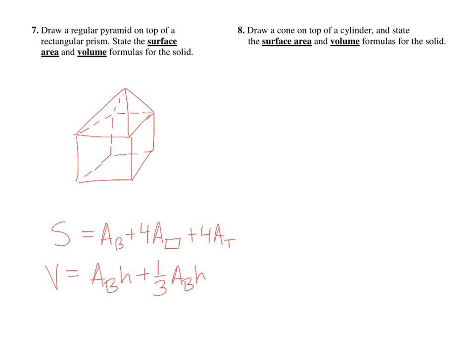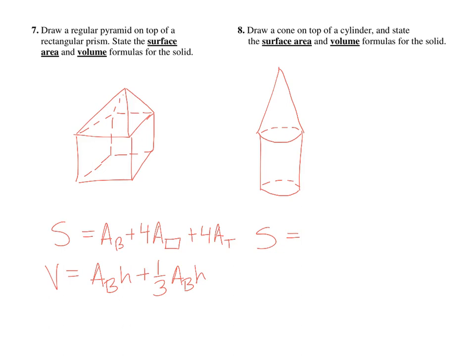All right, for 8, draw a cone on top of a cylinder. All right. So let's see, what do we have here? To figure out the surface area, let's start with a cylinder.